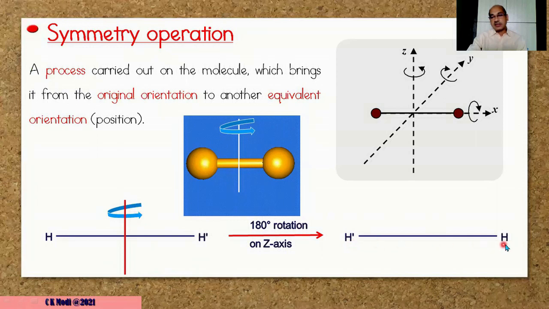Look at this, the other structure. After performing the cyclic operation on this imaginary axis at 180-degree rotation, we get the equivalent structure.